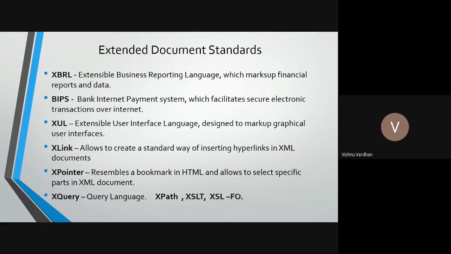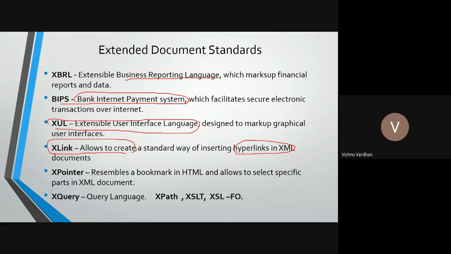Okay, there are a lot of standards. XBRL for business reporting languages, for banking you can use BIPS, for internet payment systems. XUL, if you want to generate user interfaces dynamically, you can use XUL. XLinks, so these are the pointers. These are pointers to another XML, or you can treat them like hyperlinks. So XLinks are very much used in industries. Then XPointers and XQuery, XPath, XSLT, XSL-FO.